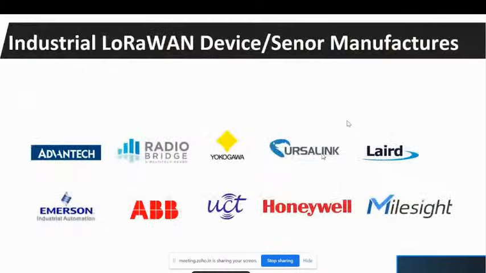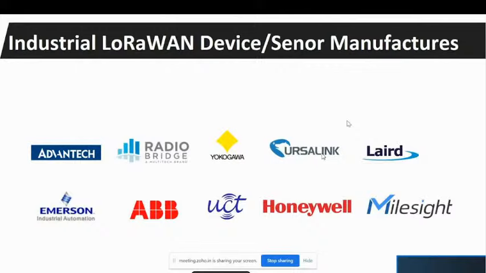So here are some key major players who make LoRaWAN devices and sensors for industrial uses: Advantech, Emotion, ABB, Honeywell, Milesight, Radio Bridge, Yokogawa, Ursalink. They are the major players who make devices for LoRaWAN purposes, and they provide industrial solutions.